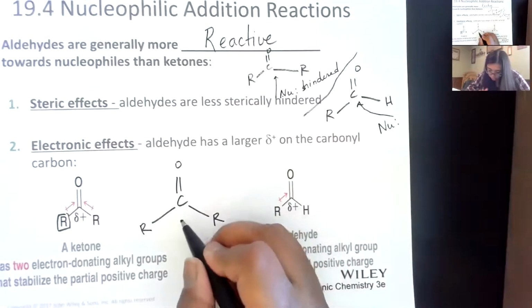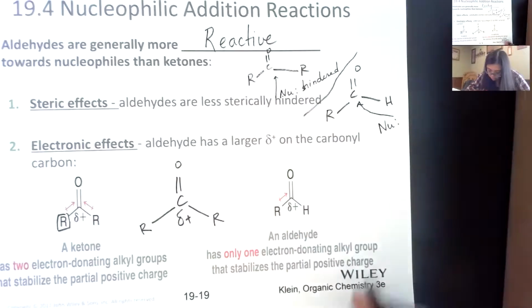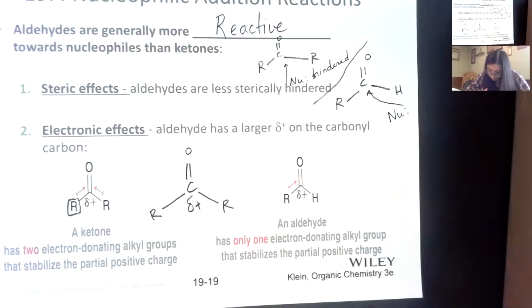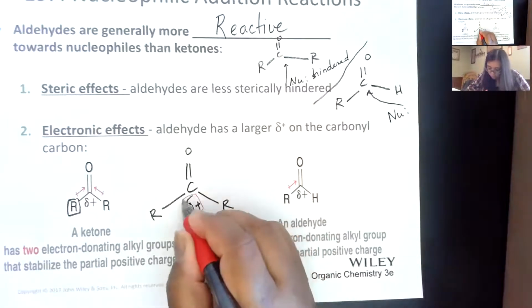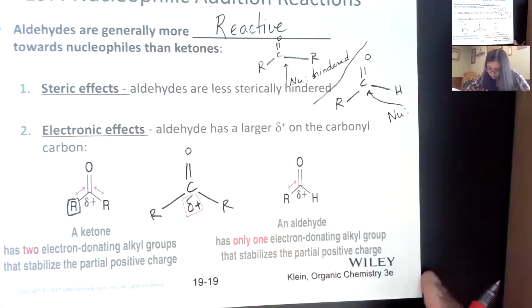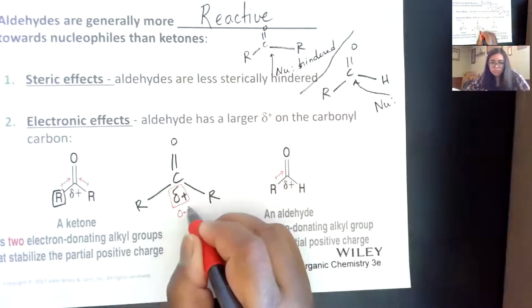So if it has a delta plus here, and delta means it's partial, right? Partial charge. So I'm going to make a fraction out of it. I'm going to make this 0.5.